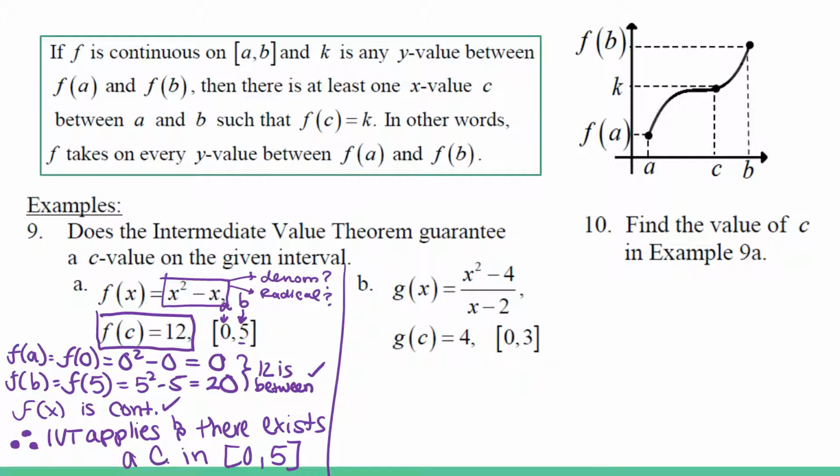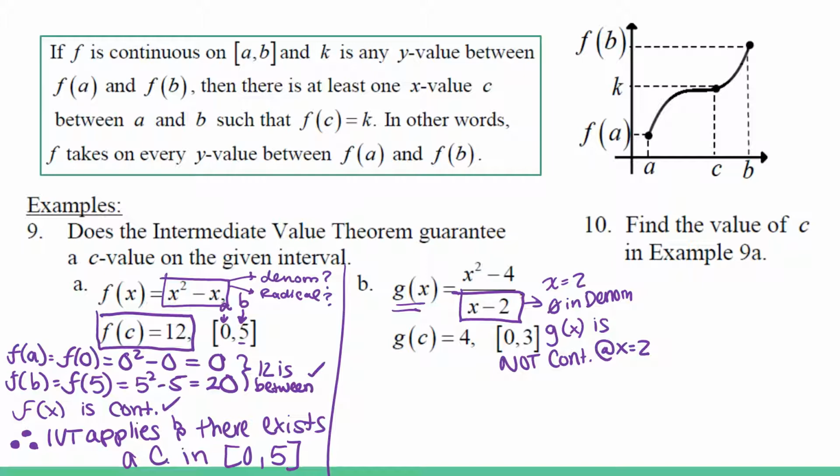So looking at g of x, we should be worried because we have something in the denominator that can make it not continuous. If I were to plug in x equals 2 into here, I would end up getting a 0 in the denominator. So therefore, g of x is not continuous at x equals 2.